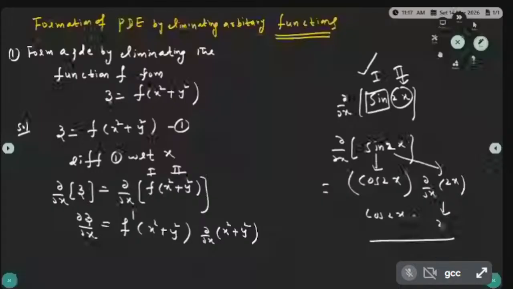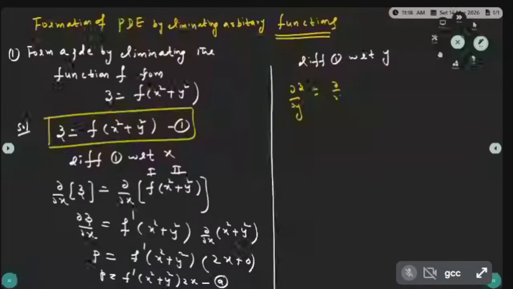What is the first priority? F. F derivative, f dash. And the second target? First target is f, second target is inside, the internal, x square plus y square.